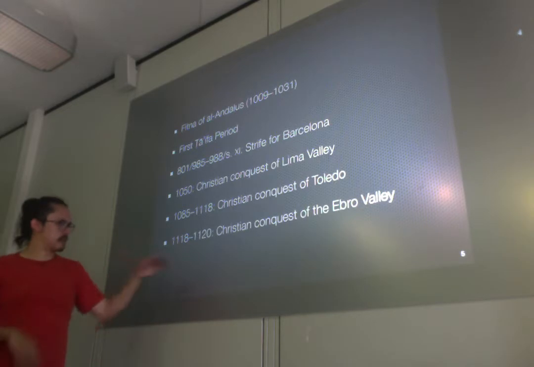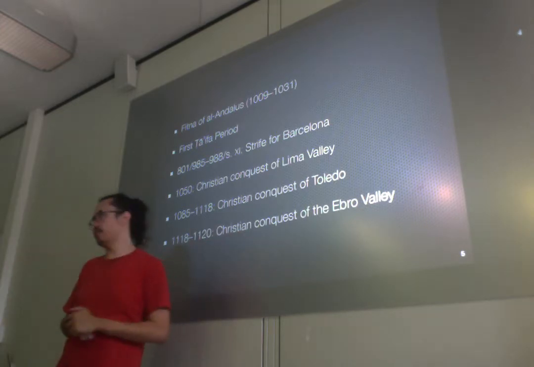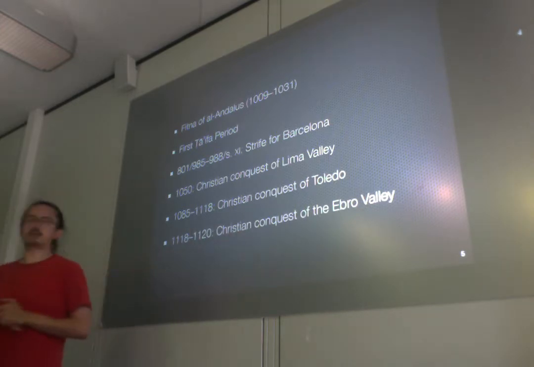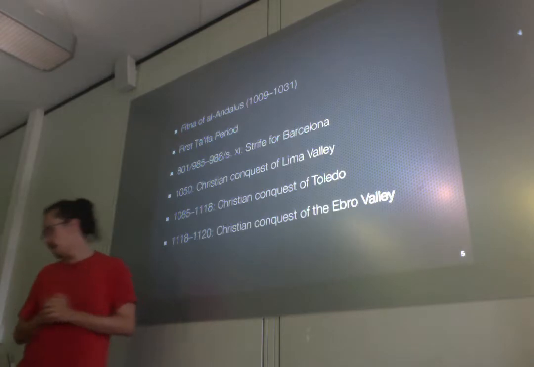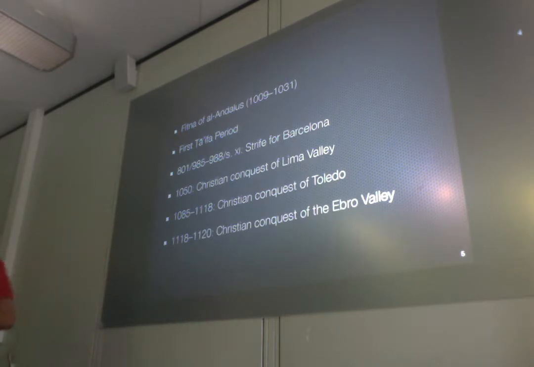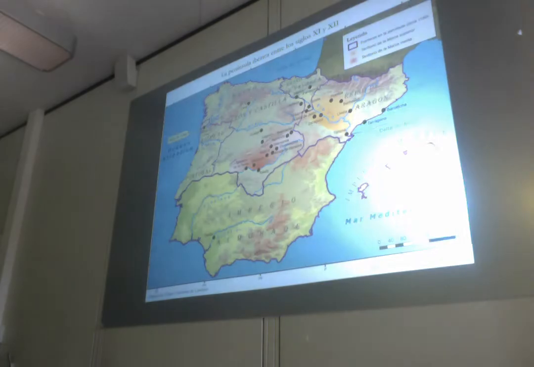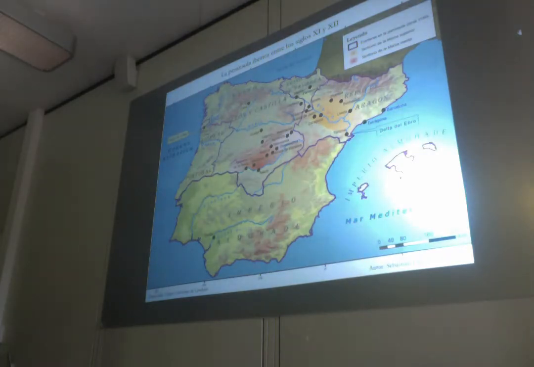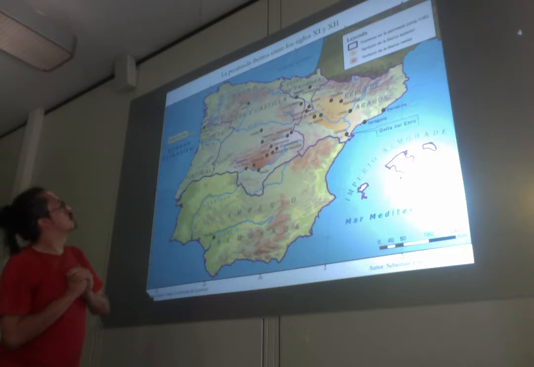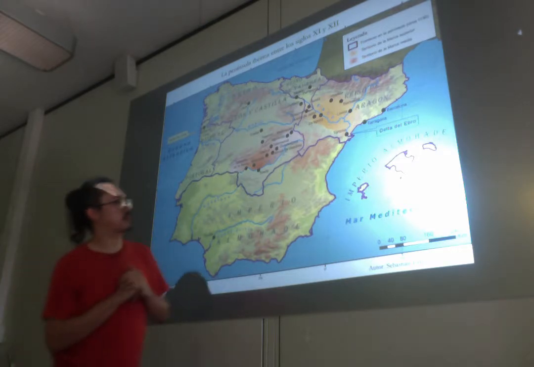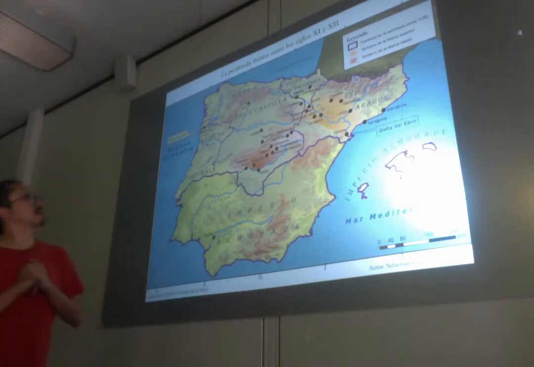And finally, the Christian conquest of the Ebro Valley happened in early 12th century. This will make sense when we start seeing the translators. This is a map which a friend of mine helped me to make for the master's thesis.